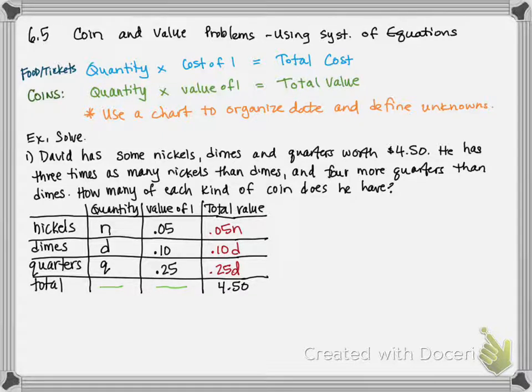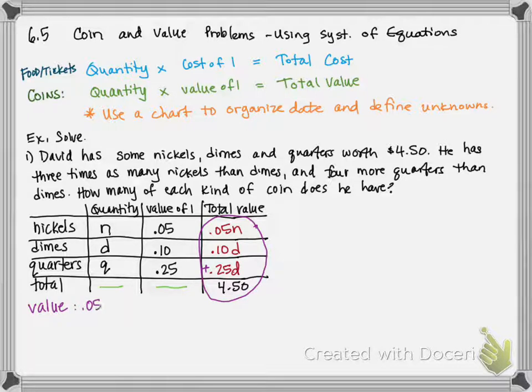So we're going to create 2 equations, maybe more. Now, we have 3 unknowns, so we should have 3 equations. But if we only have 2 equations, we can get them down to 2 variables, and then we have a system. All right, so let's see what we get on this one. We're going to start with value, which is that last column. If you remember from chapter 2, we add the individual values and set it equal to the total value.